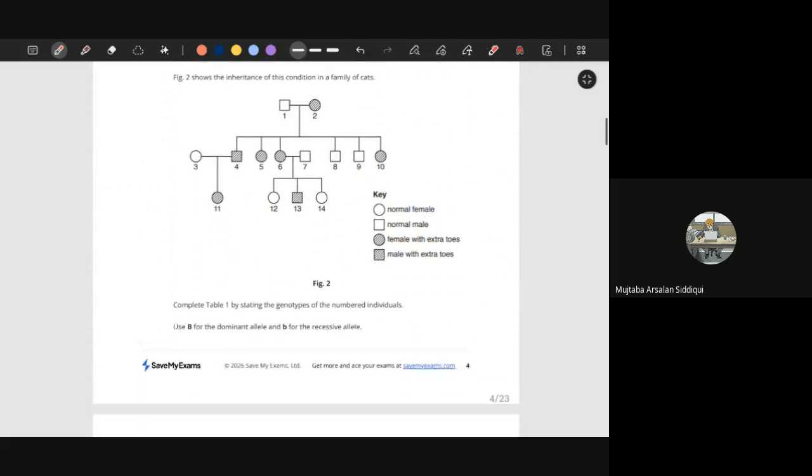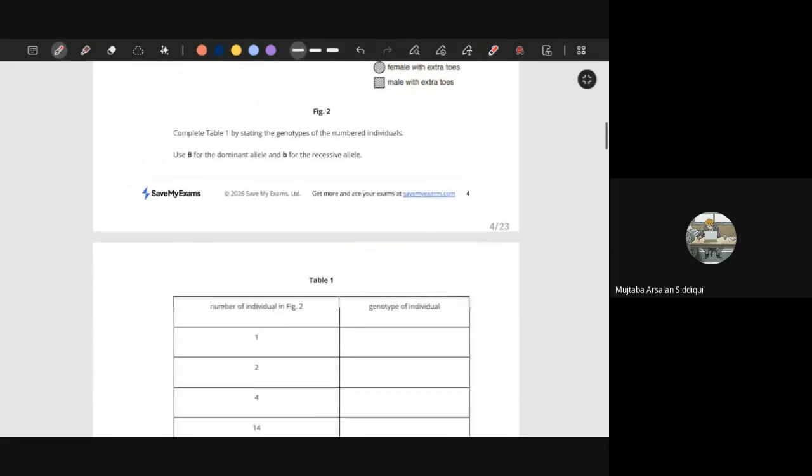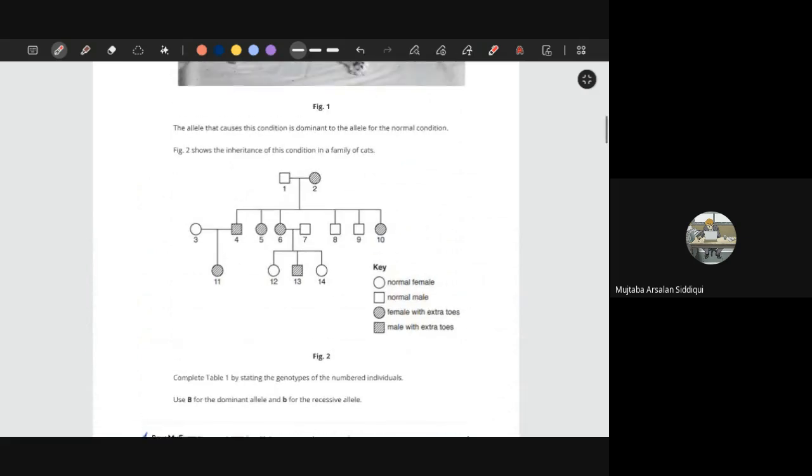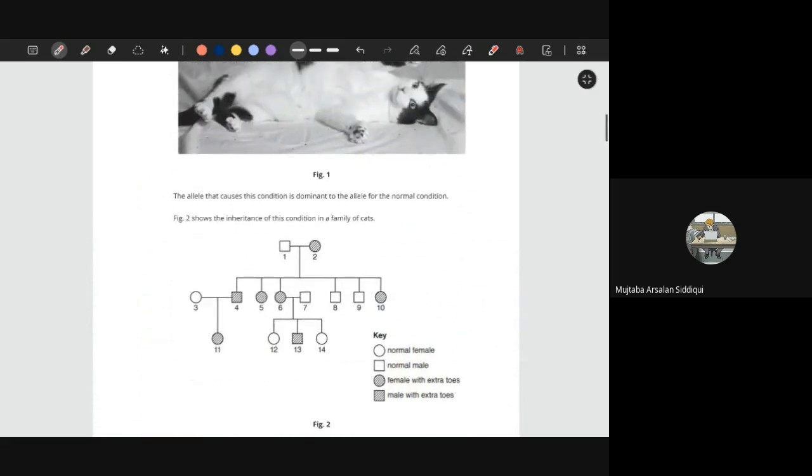By stating the genotypes of the numbered individuals, use B for dominant and b for recessive. So number one, the allele that causes this condition is dominant to the allele for the normal condition. So female with extra toes is dominant. Male with extra toes is dominant. Okay.